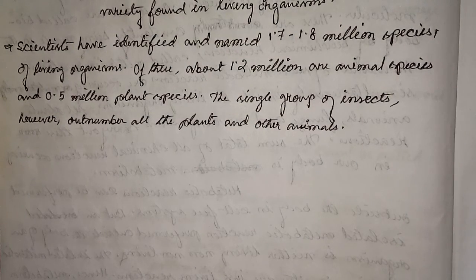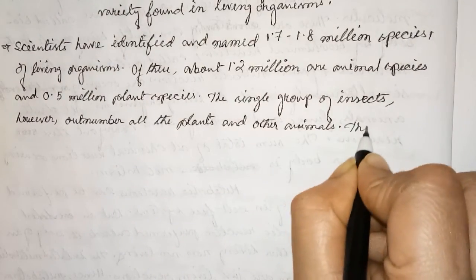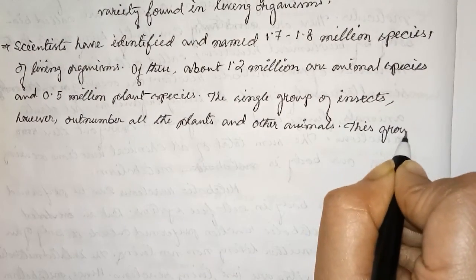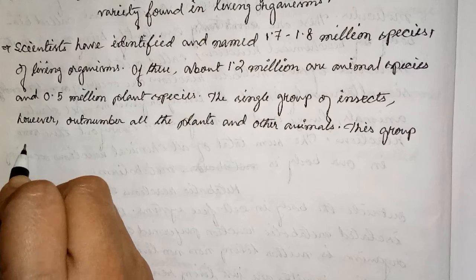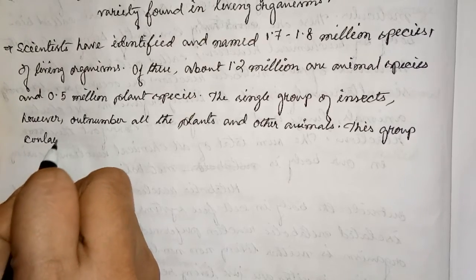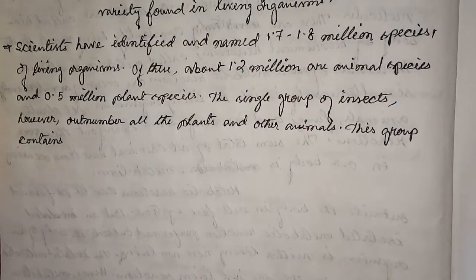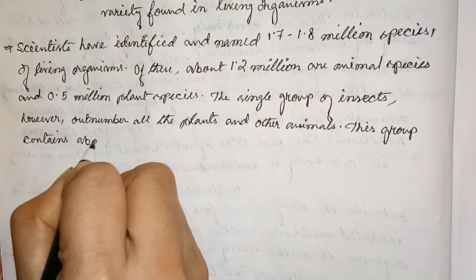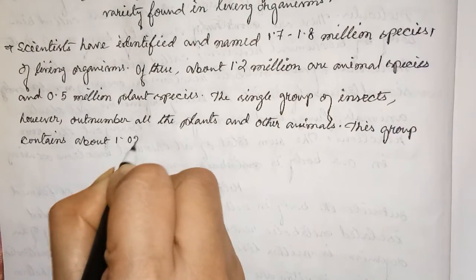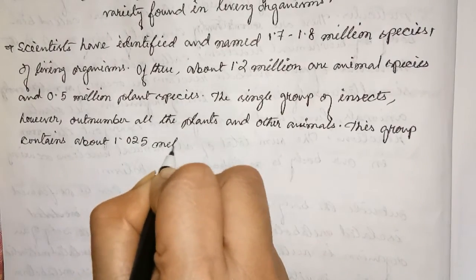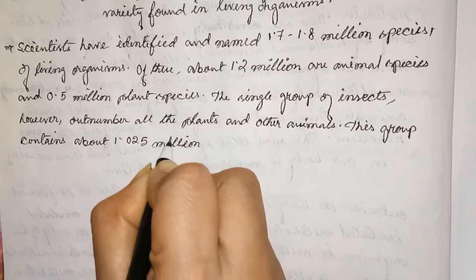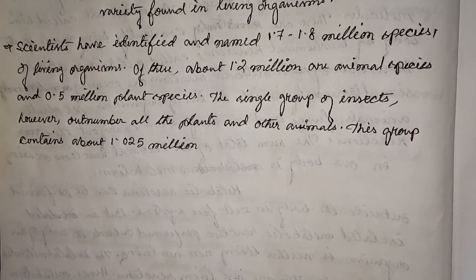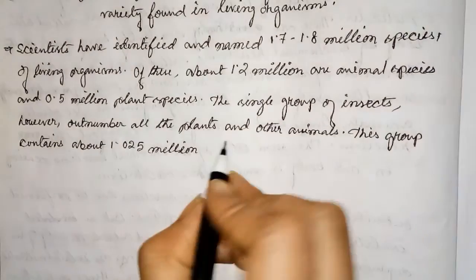This group contains about 1.025 million species.